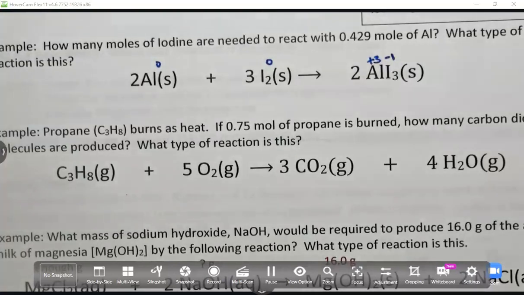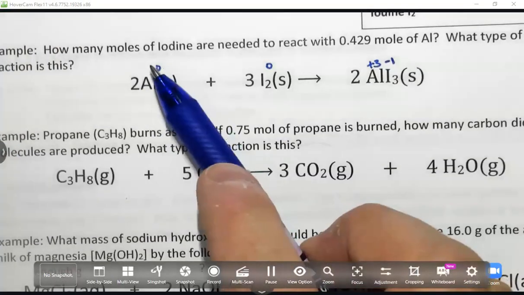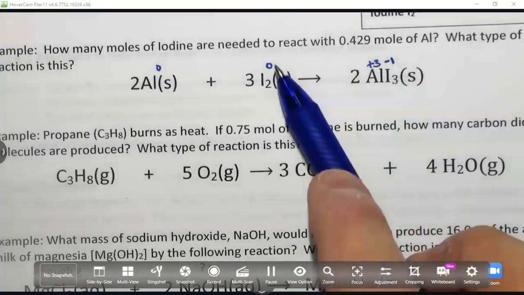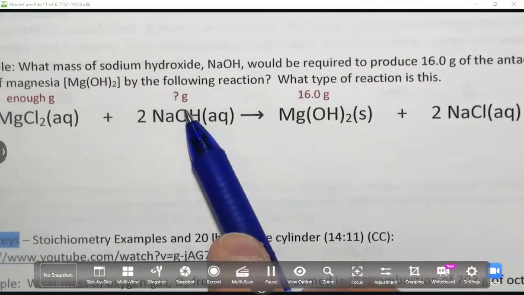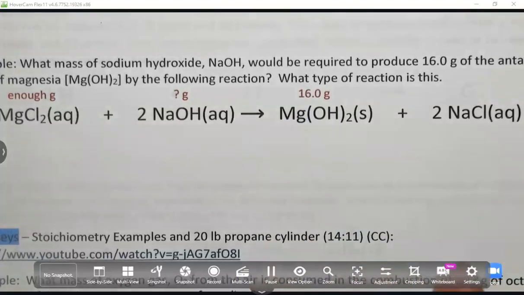Okay. Now, I'm going to show you a different way that you've done this in the past, more than likely. Please try it. Don't just block out, oh, my high school chemistry teacher showed, no, just watch this. I make it so easy. It is so easy. So we are going to reserve grams for up above. So down here, I already have grams typed in. Grams go up above, moles go on the bottom.